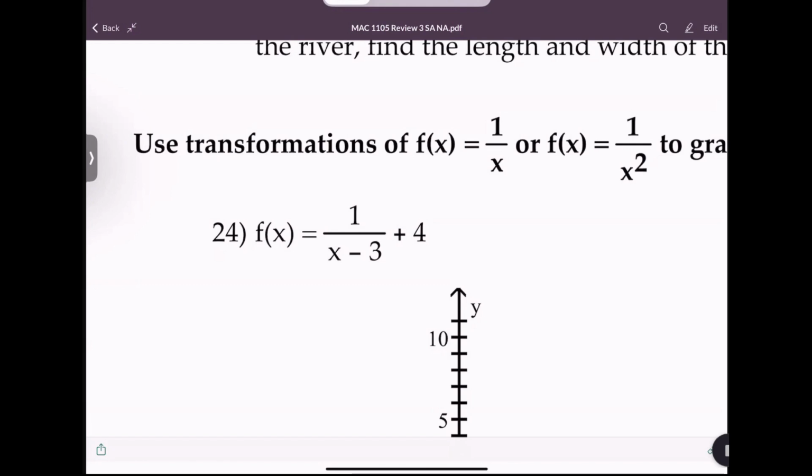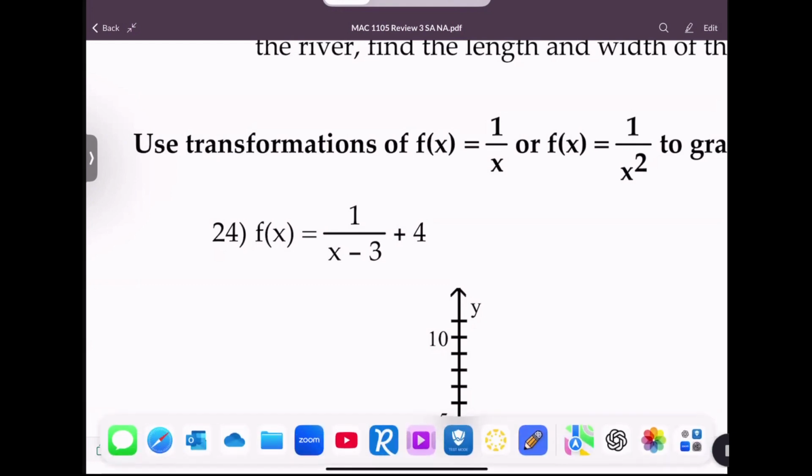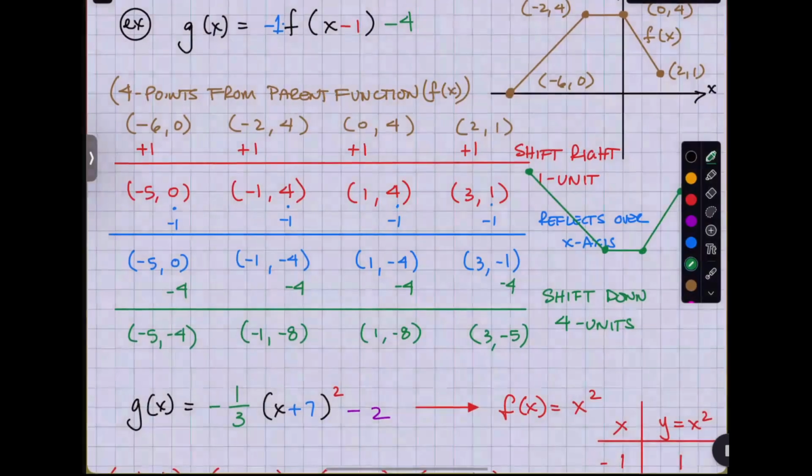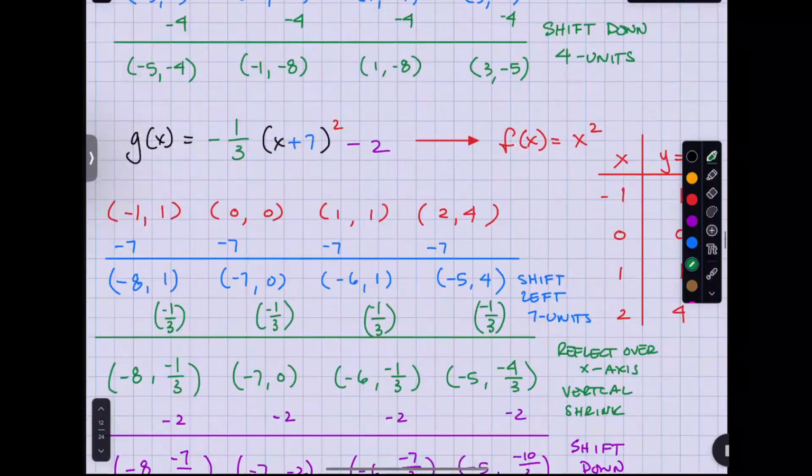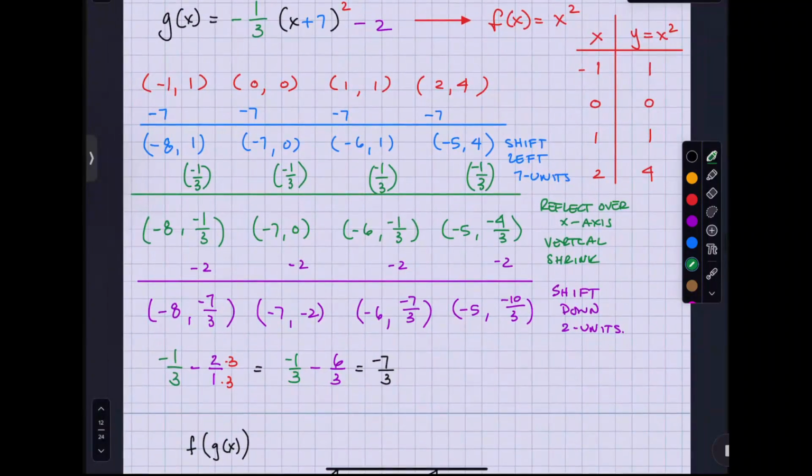Because here, let me bring you back to transformation. Remember this problem right here? Because see the squared, the parentheses squared? So the parent function is x squared. So we found 4 points from that y equals x squared, right?